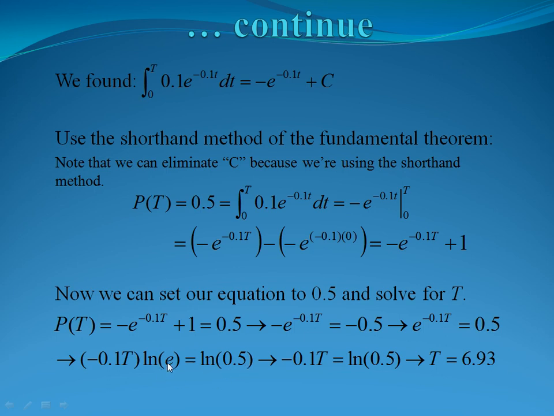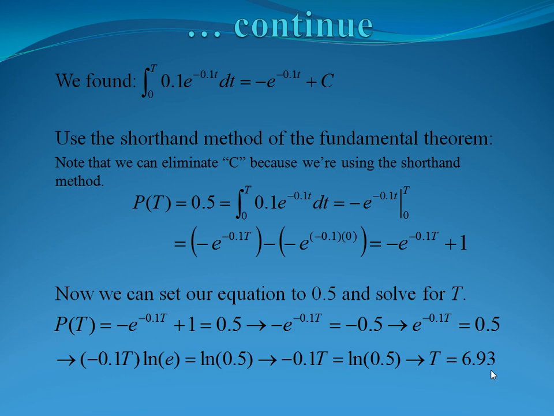Remember, the natural log of e is just 1, so that goes away. That leaves us with negative 0.1t equals the natural log of 0.5, which tells us that t will finally equal the natural log of 0.5 divided by negative 0.1. If you do that in your calculator, we get that t equals 6.93. So the median waiting time here is 6.93.